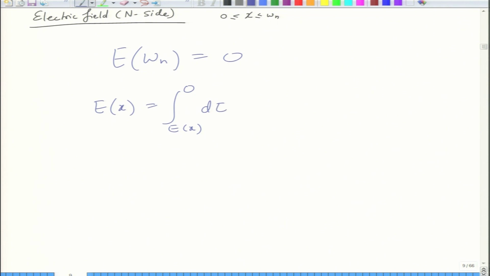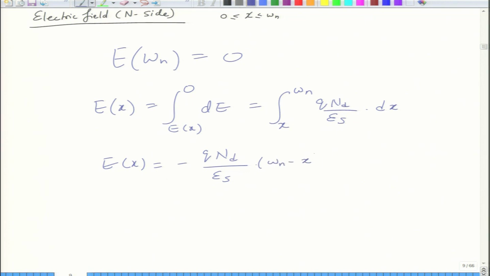So, this is dE, integrated from x to Wn, and this becomes q N_D divided by epsilon S into dx, and if you integrate it, you get E(x) as minus q N_D divided by epsilon S into Wn minus x. Remember, it is integrated from E(x) to 0, that is why this minus sign comes, and this is valid for x being between 0 and Wn.